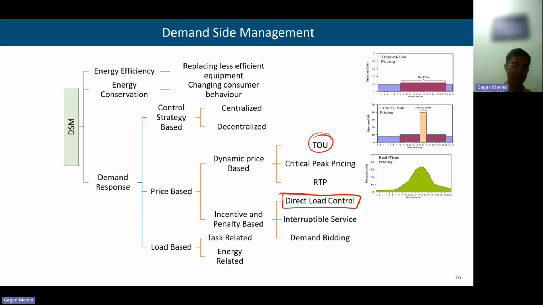And the second one is the interruptible service, which is also a kind of contract where the user can be asked to interrupt its service for certain hours. Like you might be paid some additional amount. Then bidding: the demand itself, the consumers themselves can bid in the market.